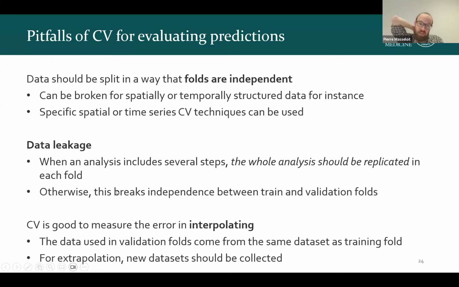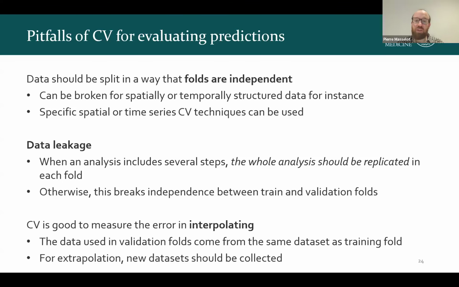There is also the issue of data leakage, and this can happen when your analysis includes several steps. When an analysis includes several steps, you should split your folds before doing anything in your analysis, and in each fold, the whole analysis should be replicated. A very simple example that you sometimes see is a pre-selection of variables, and then these variables are used in a predictive model.